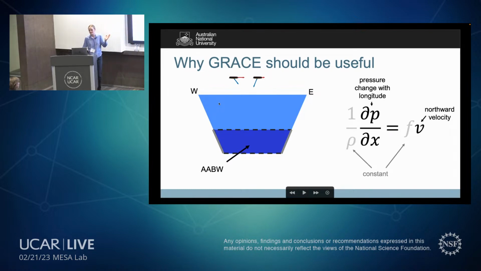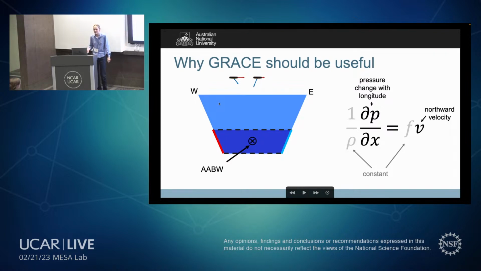And geostrophic balance tells us that if you have some zonal pressure gradient, because you know pressures on both sides of a layer, then you can use that to infer the geostrophic velocities of that layer. So in the southern hemisphere, if you have a positive pressure on the western boundary and a negative pressure on the eastern boundary, then that corresponds to a velocity into the screen. So, very simple conceptual model. Theoretically, the GRACE satellites should be able to measure Antarctic bottom water velocities.